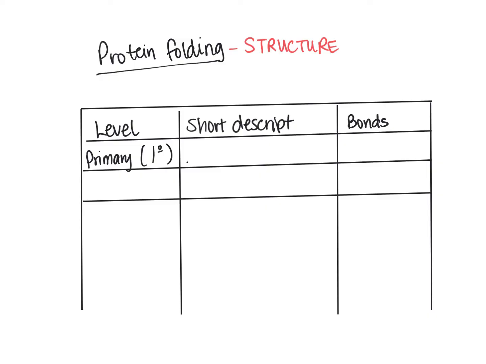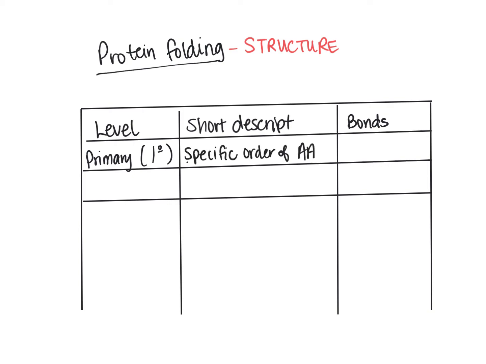So you can think of proteins and the amino acids like beads on a string, and the specific order in which the beads come in, so they can be different shapes, different sizes, different colors, but the specific order that they have to line up is what's known as the primary level of protein structure.